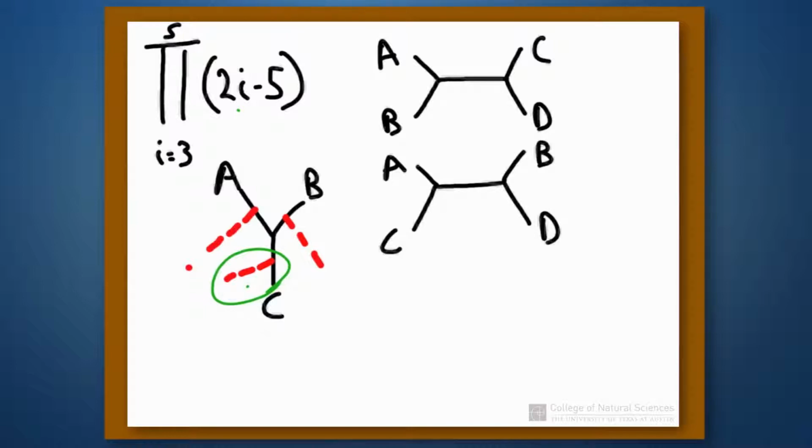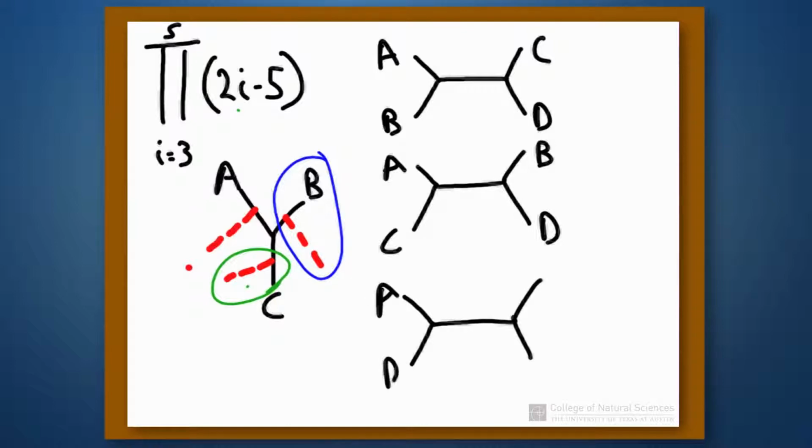And that's going to correspond to this option here. And then finally, the only option that we haven't done yet is going to look like this, where we have A, D, B, and C, and that of course is going to correspond to the final option over here. And so we get our 3 4-species or 4-taxon trees.